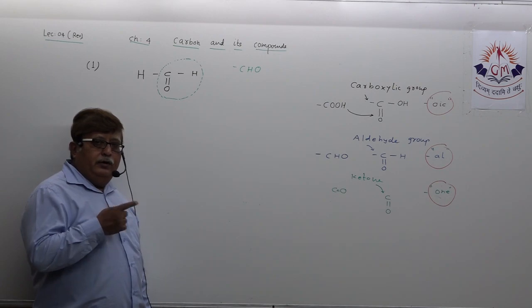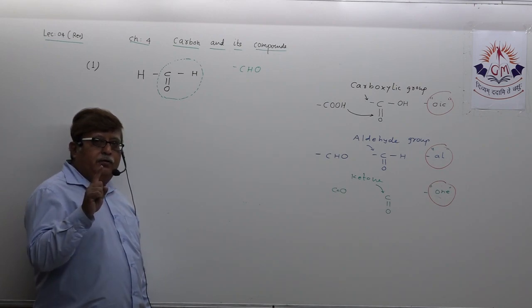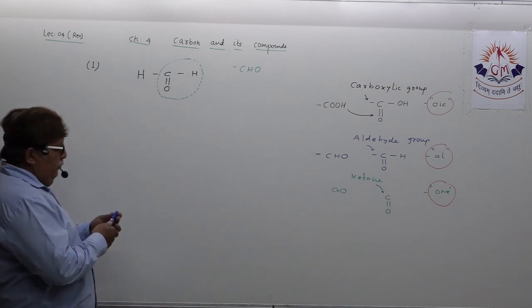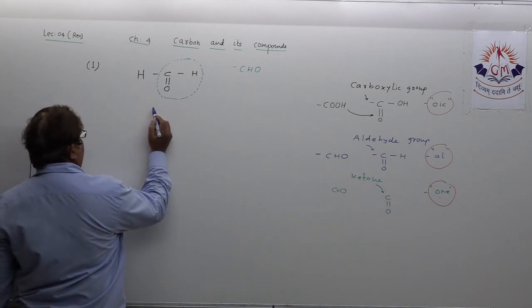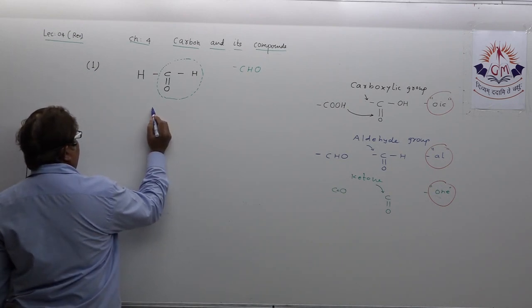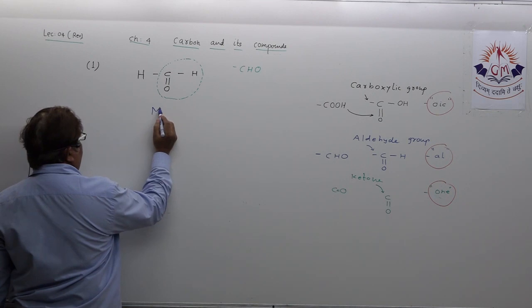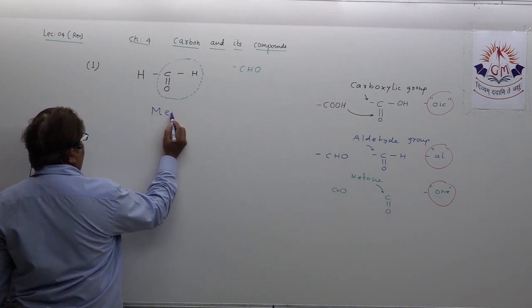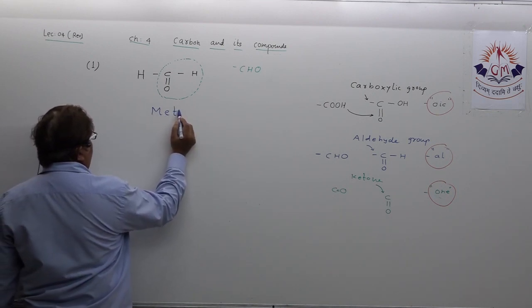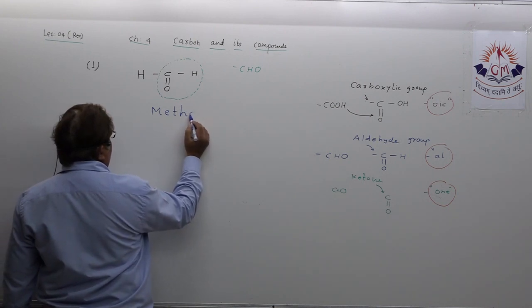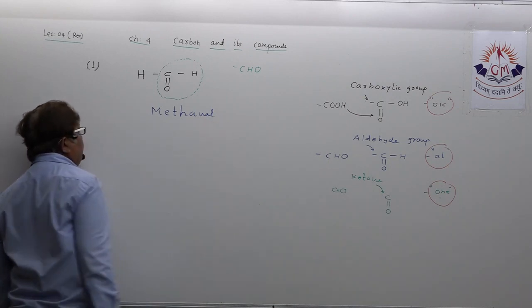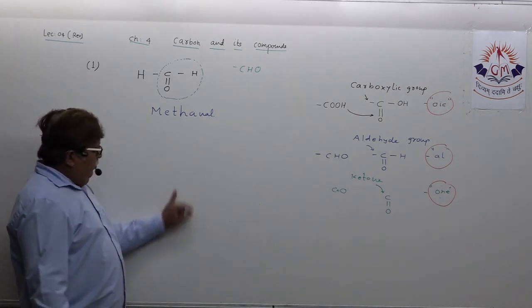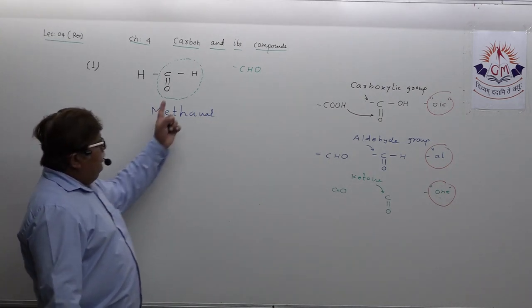Consisting of how many carbon atoms? Just one carbon atom. One carbon atom means methane. So this particular organic compound is named in this way. Please concentrate: methanal. Understood? Methanal.